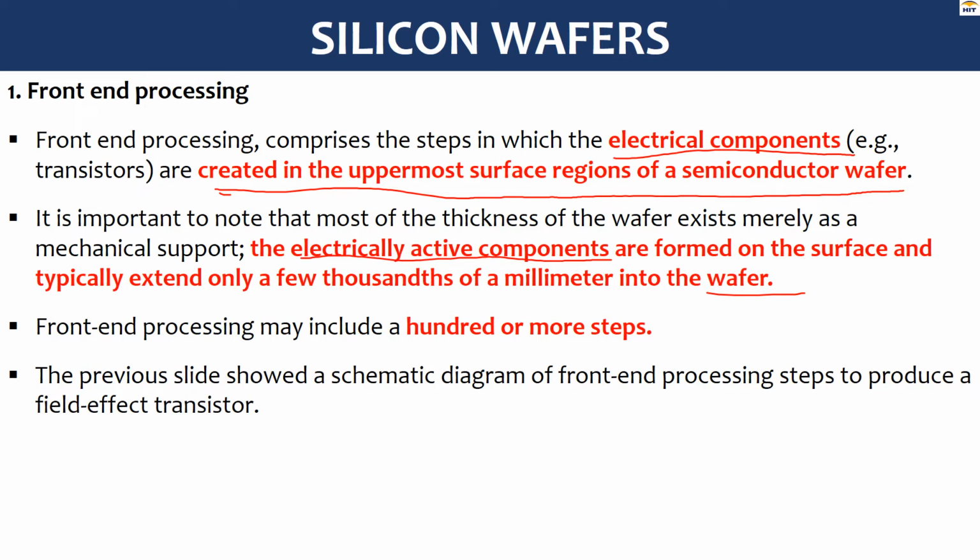So this processing may include hundreds of steps. In our previous slides, the schematic diagram that we showed of producing your FETs is actually a front-end processing step to produce what is known as a field effect transistor, FET.